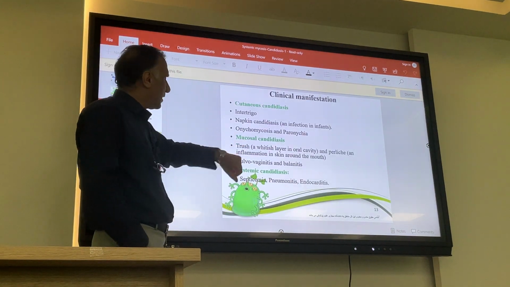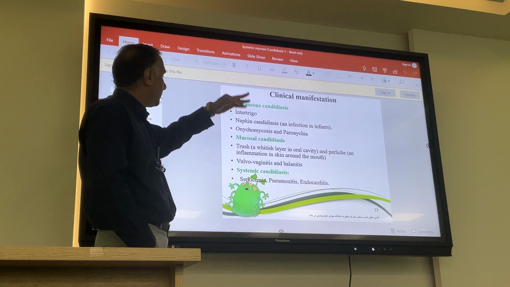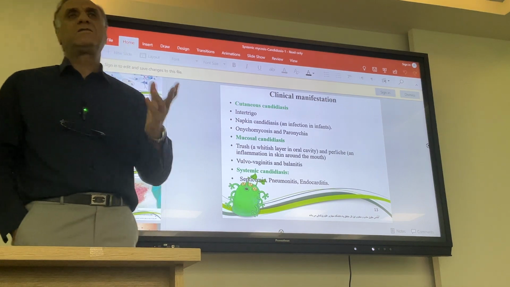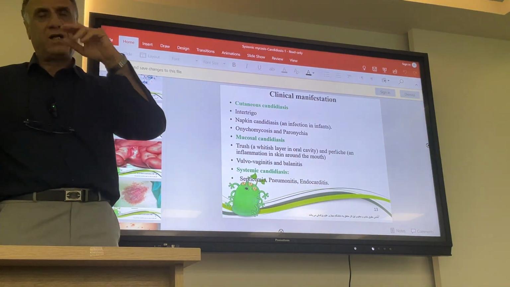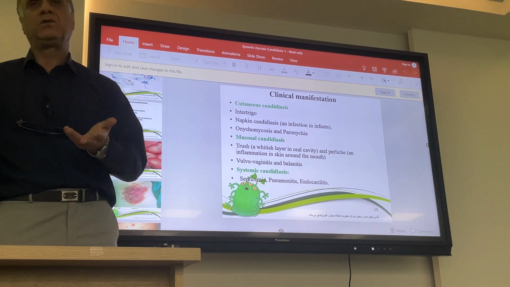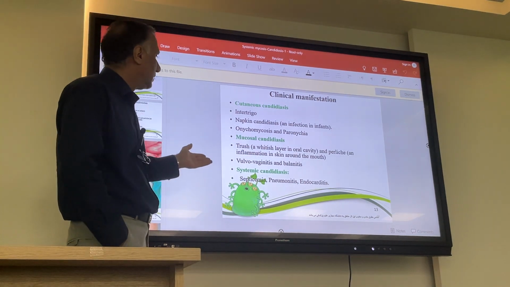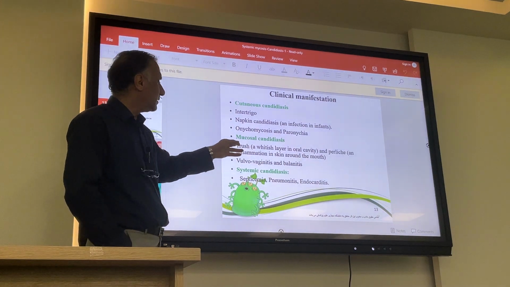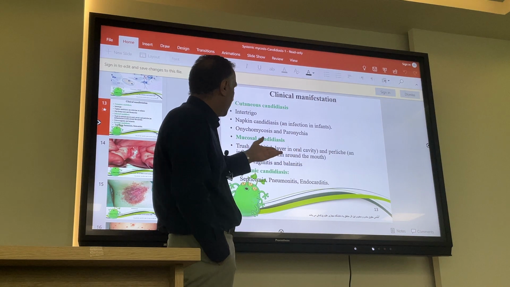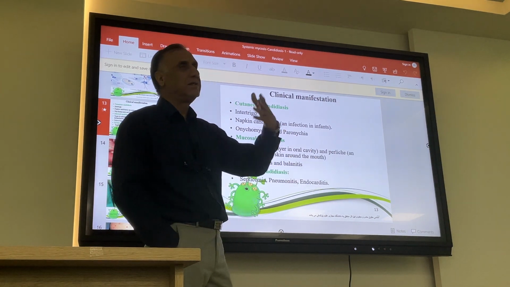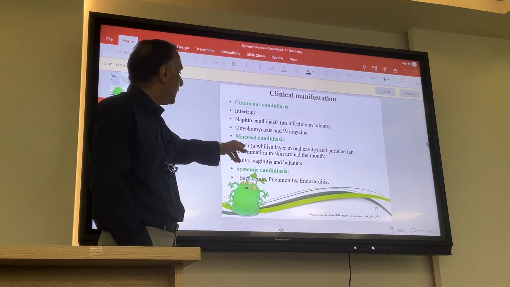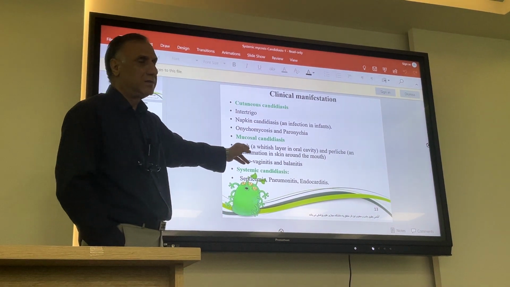Another type is mucosal candidiasis. It means at first you have Candida in the epithelium or mucous membrane of an internal organ. At first, the clinical sign is a whitish layer, for example, in the oral cavity, in the urogenital tract, in the vagina in women. That is called thrush.